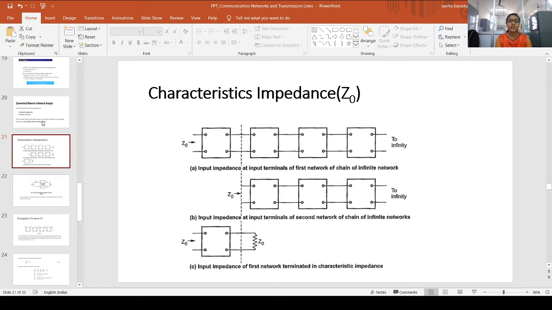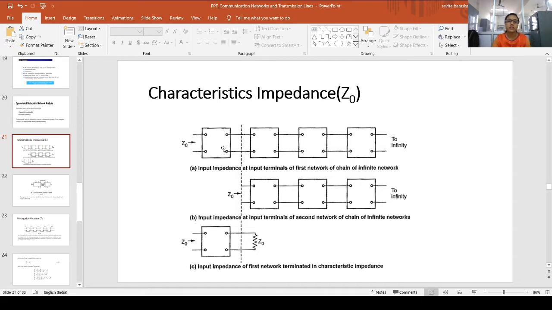So, in this diagram, we can see that there are many two port networks from 1 up to infinity. They are connected in cascade form.